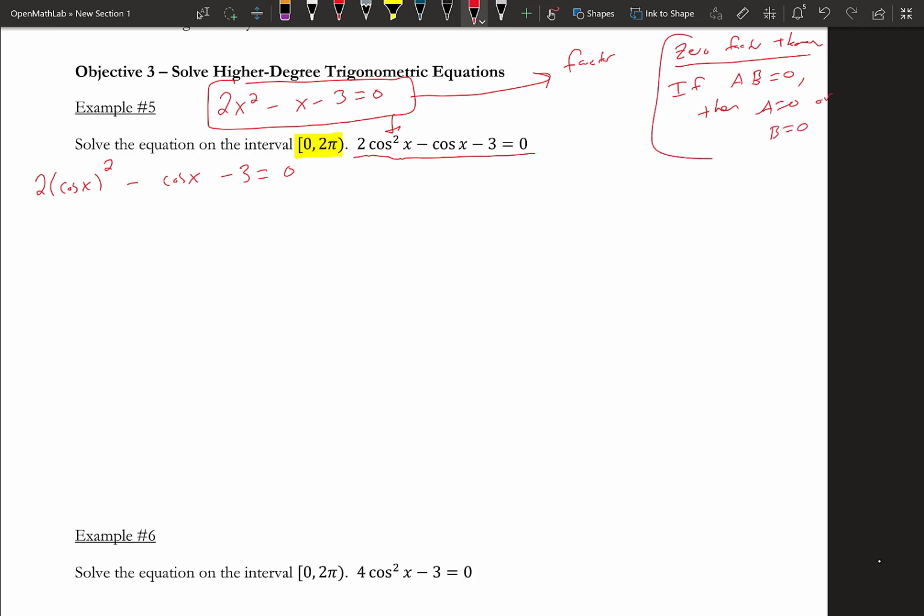In other words, if two things being multiplied together have a product of 0, then one of the factors must be equal to 0. That's the only way that could happen.